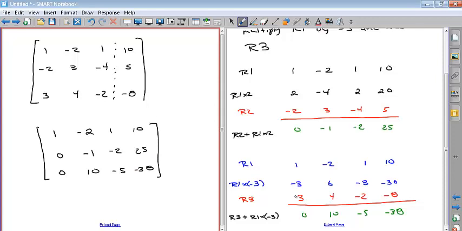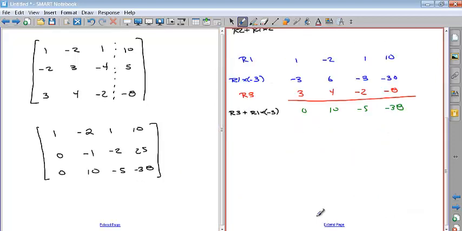Because we used these row operations, these two matrices have the same solution. The next thing we could do is take row 2 in the new matrix and multiply by negative 1.